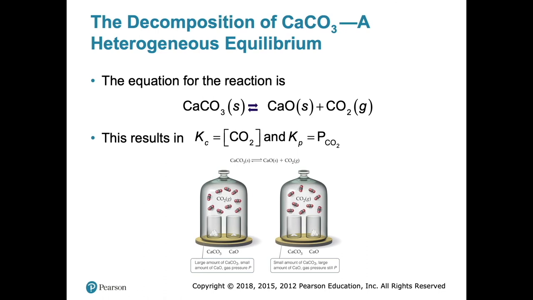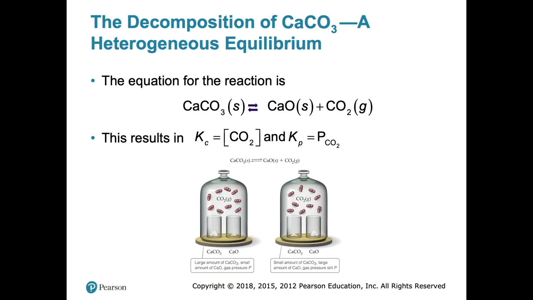So the equilibrium constant equals the concentration of carbon dioxide inside of this closed system. That means the equilibrium constant for pressure is just the partial pressure of CO2, because it's the only one that's in gas phase.